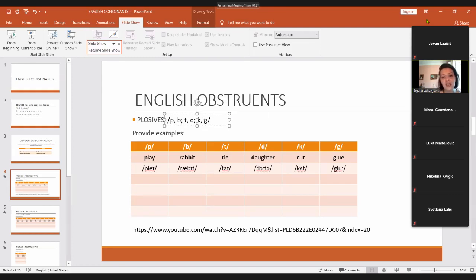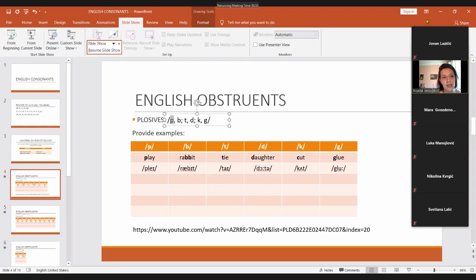We have T, D: the obstacle is again complete, made between the tip of the tongue and the alveolar ridge. And we have K, G: the obstacle is again complete, made between the back part of the tongue and the velar soft palate.